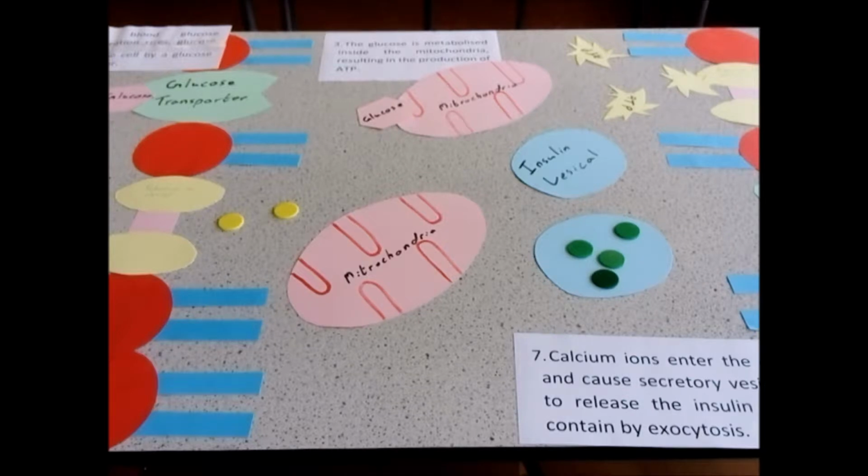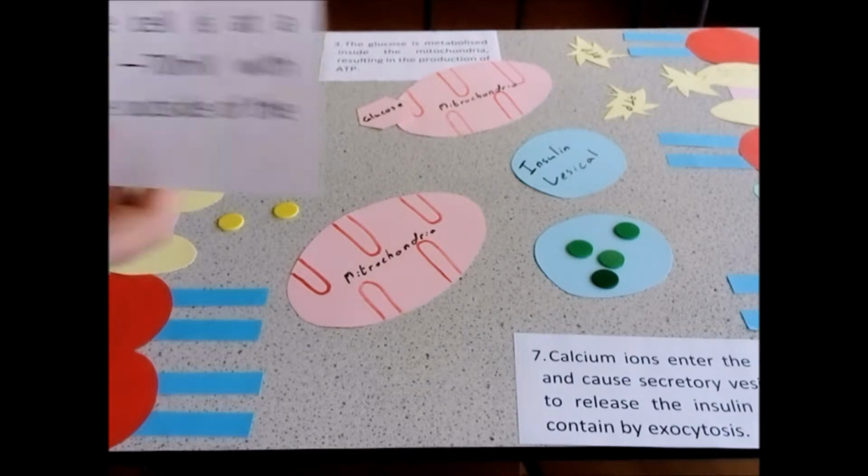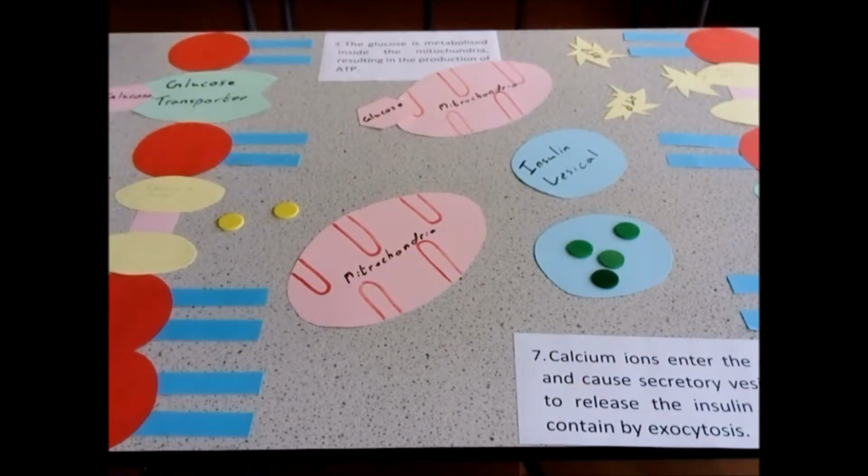Next thing to do is have lots of these small stage cards that will help prompt you as you go in and explain it. After you've finished the activities, the students can then use the stage cards to produce their own diagrams.